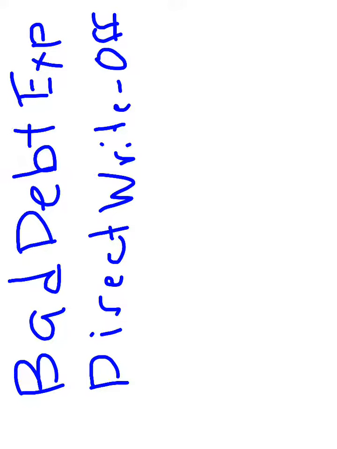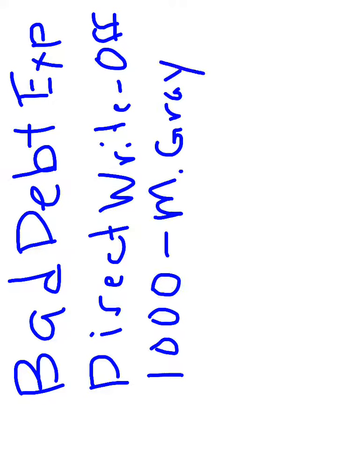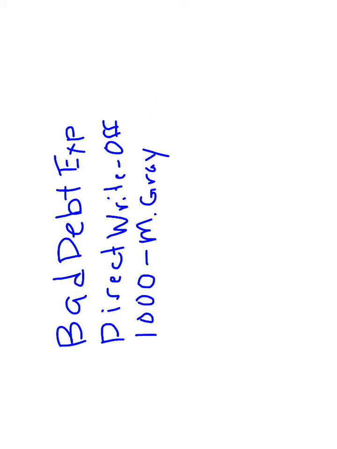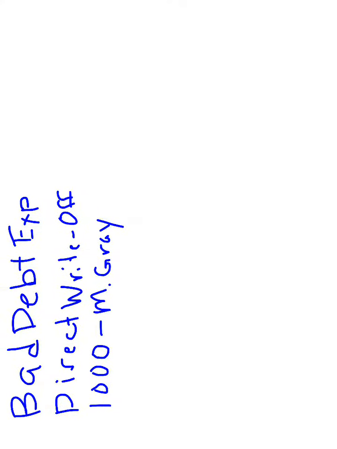So, for instance, if I had a company that had a customer they knew they were not going to get the money from, we're going to say the customer owes $1,000, from M. Gray, and they found out that she was not going to pay them, and they were using this direct write-off method. They would directly write off the account to bad debt expense.